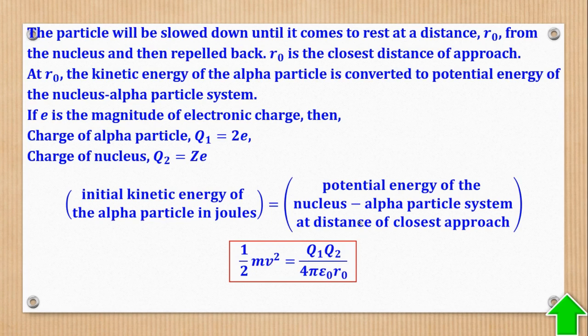Then potential energy will be, remember potential energy means there are 2 charges, that's why you see Q1, Q2 over 4 pi epsilon naught R naught. We saw this formula under electric potential. So these 2 will be equal, and when I make this the subject, if I'm given the rest, that will be the closest distance of approach. So basically this is the formula we're going to be using in this part.